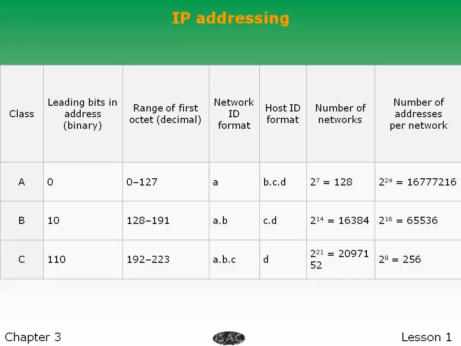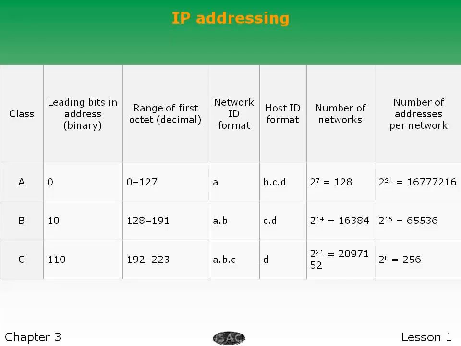Here, as we can see, the first octet in class A shows the network number, and it varies from 0 to 127.